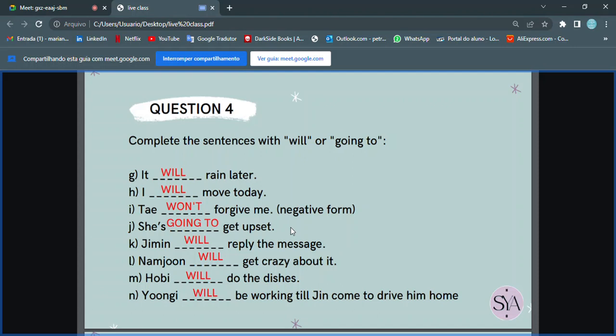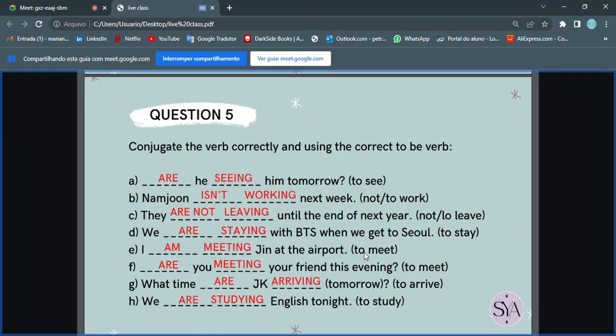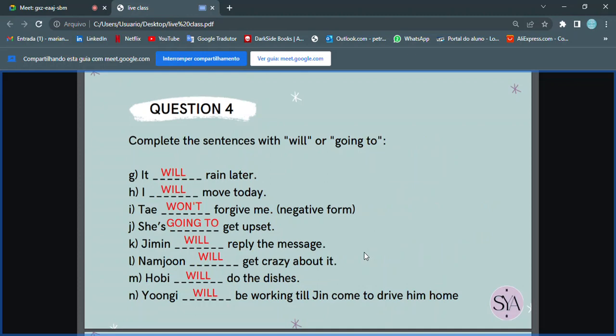You are sure that you did something to this person to get upset. Or it has the same meaning as this other sentence, Namjoon will get crazy about it. It's something that you just think or believe is going to happen. You don't have the certainty of the situation, right? And that's the last one.